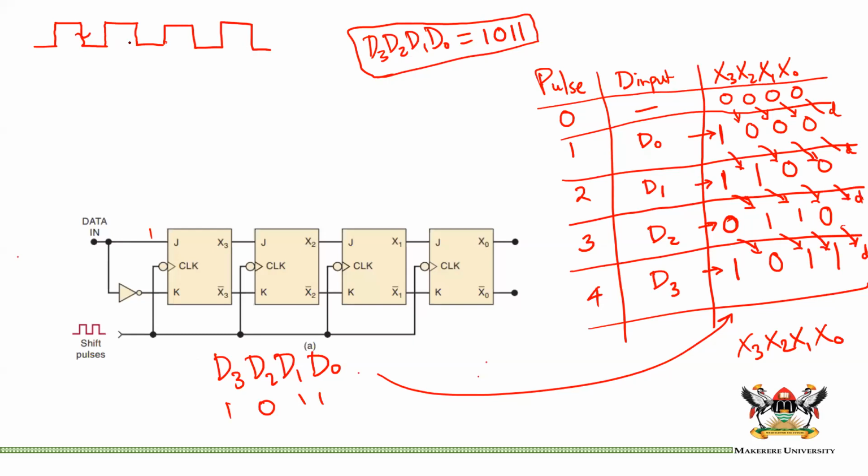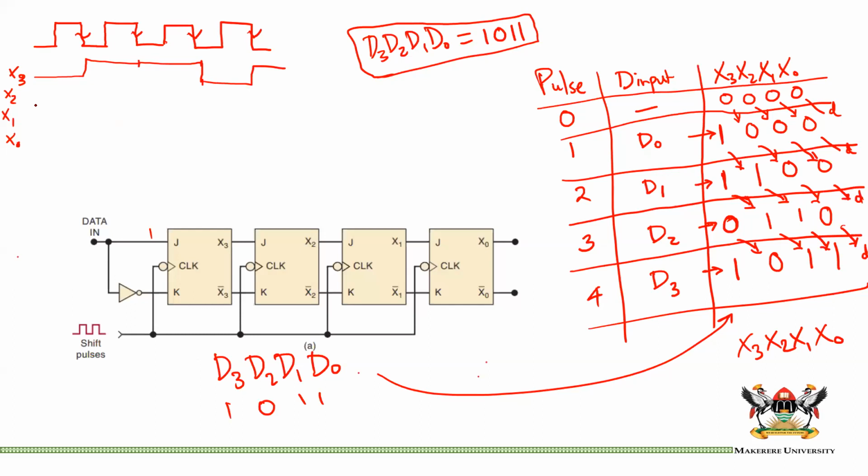This is the first clock pulse, second clock pulse, third clock pulse, fourth clock pulse. And we know that X3, X2, X1, X0 are initially 0. So X3 is initially 0. At the first clock pulse, it will become 1. At the second clock pulse, it will remain 1. At the third, it will go to 0. And at the fourth, it will go back to 1.